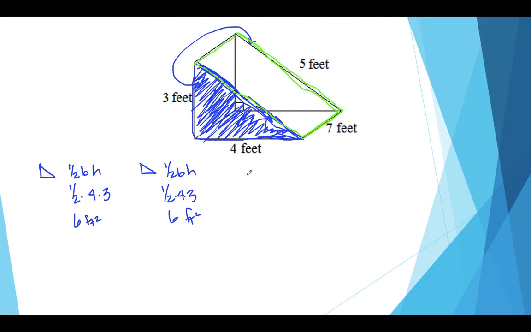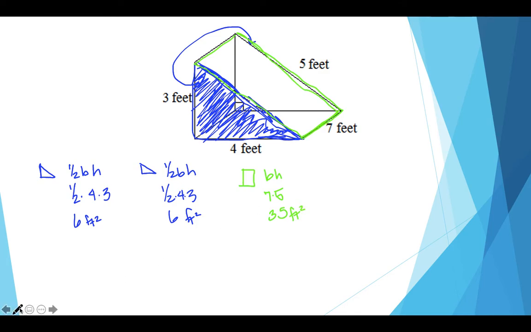So I'm going to start with this rectangle, the one that is slanted, kind of like the slide part, if you want to call it that. So a rectangle is base times height. You could do length times width. Those are the same. So 7 times 5, and that's 35 square feet for that rectangle.